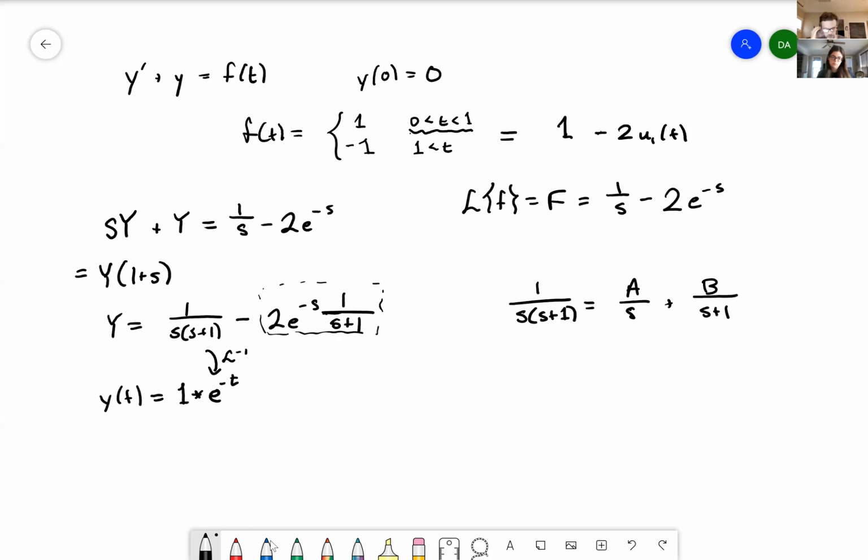And then this part is a little bit easier. So that would be, bring it up on the table. So this is, I'll go ahead and write minus 2 times. So we have 1 over s shifted backwards by 1. And we have a negative 1 in the exponent here.